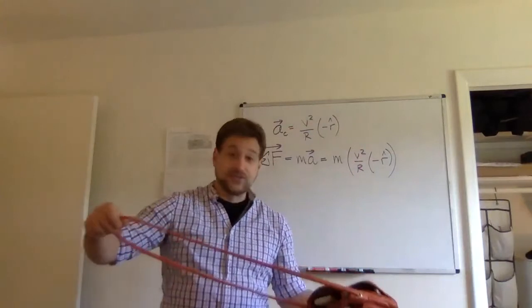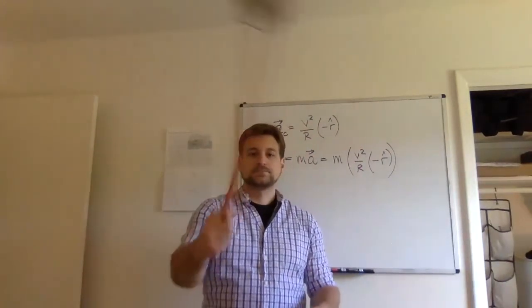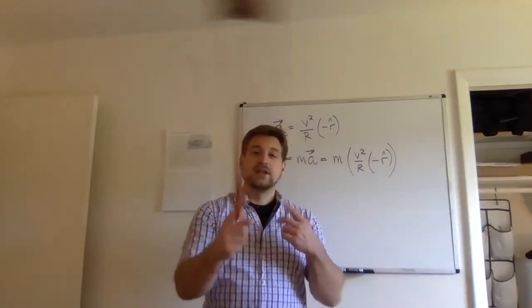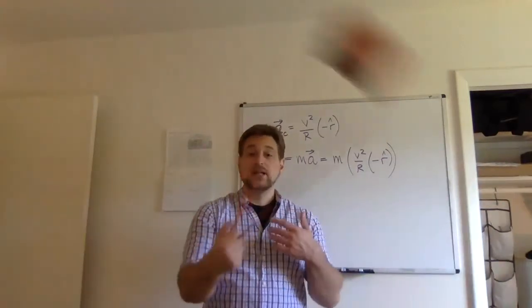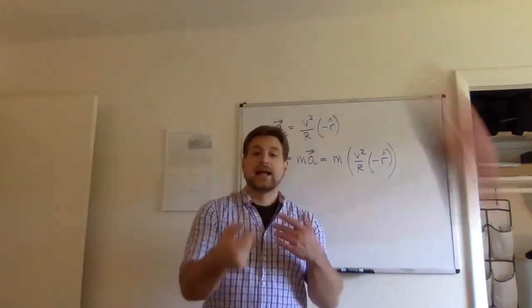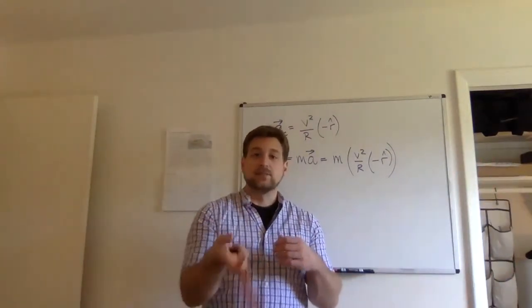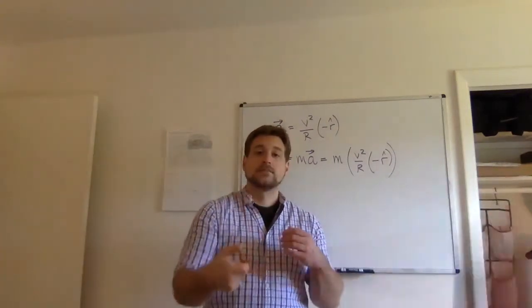Borrowing one of my wife's purses for this. We've got a purse moving in circular motion, and I'm going to claim arguably that it is circular motion at constant speed, that in roughly the same amount of time every circle, we achieve a full circle.